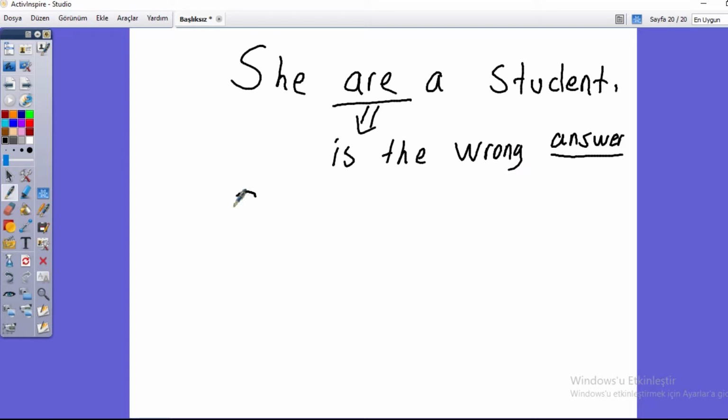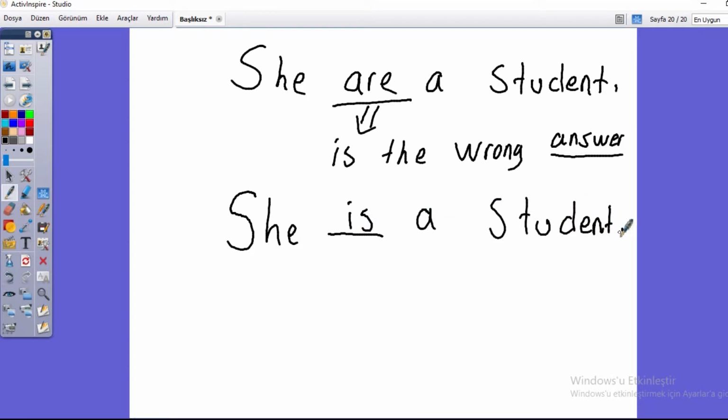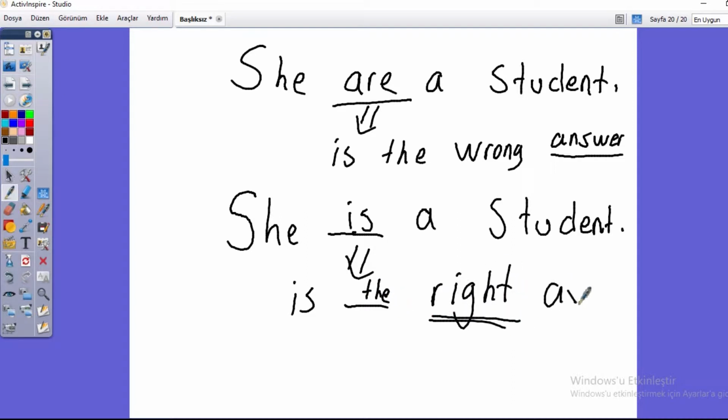But if I say she is a student, here is the right answer. But she are is the wrong answer. So here is the right answer.